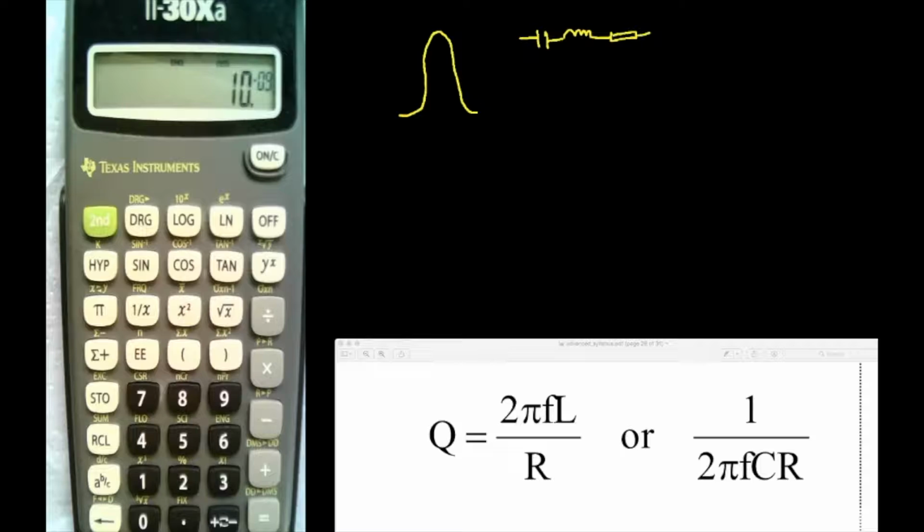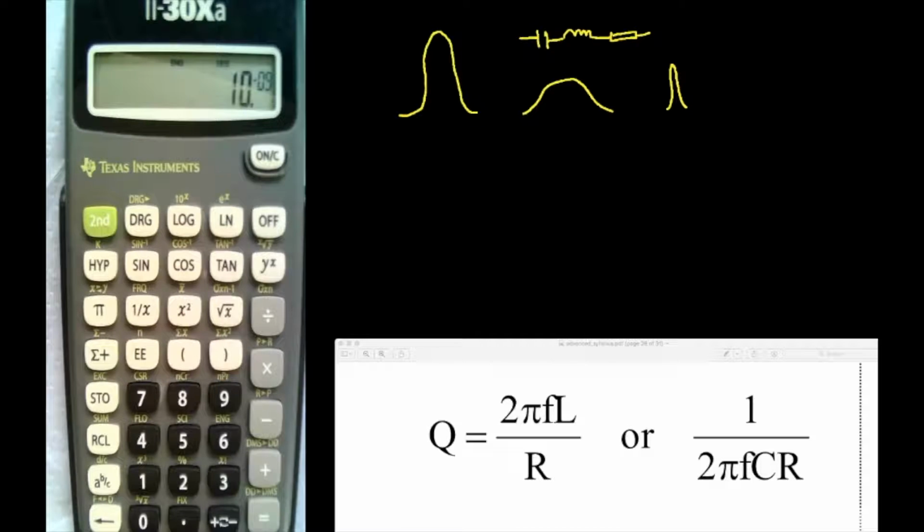Okay, the more the resistor is there, the more the shape tends to be like that instead of like that. Okay, the lower the value of resistance. So resistance acts to damp LC circuits, and it spoils their selectivity. And Q is a measure of how good or how steep the curve is.